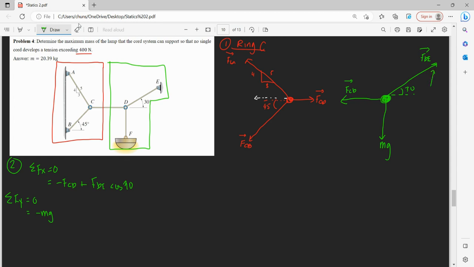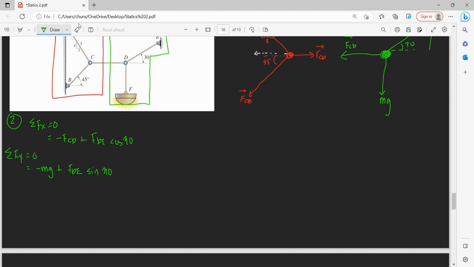And our y component of FDE is positive, so then that's plus FDE sine 30. So you can see that FDE is common for both equations.